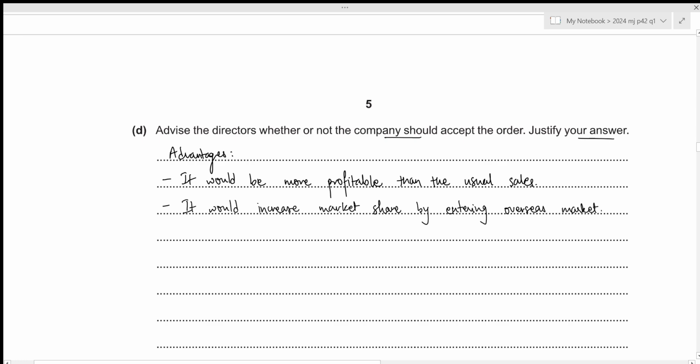Then another advantage could be that the customer could have repeat orders in the future. Let's write it down. There might be repeat orders in the future.